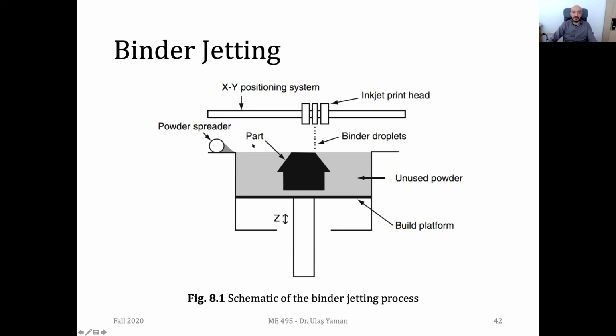But for the polymers, I can say that you don't need to use any support structures, and you can manufacture many of these parts on top of each other. For instance, if this is our bed, again, I may have another product here, another one here. So this is very useful, especially for medium-sized production.